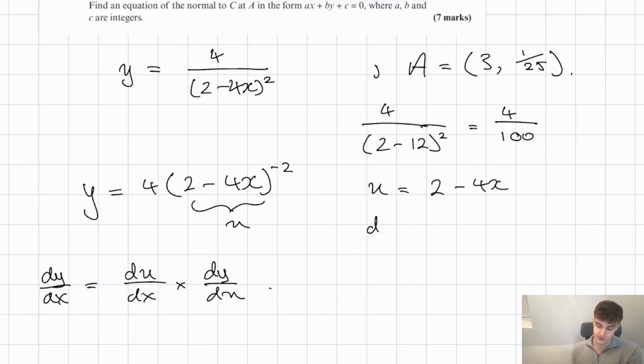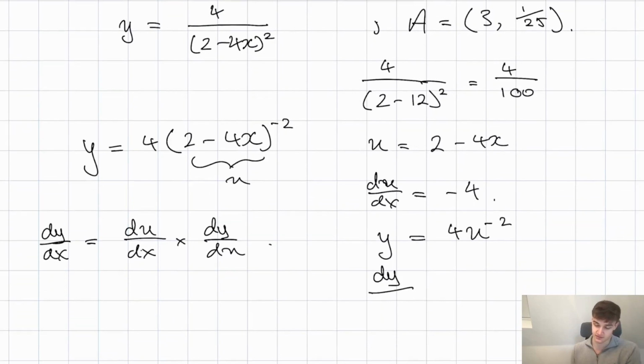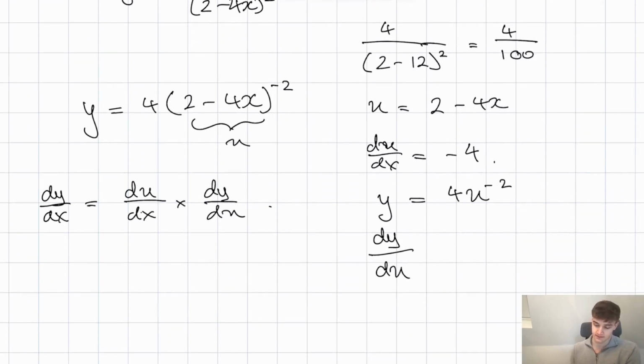So let's work out du by dx is going to be negative 4. Then let's just quickly write y in terms of u. It's going to be 4u to the minus 2. So dy by du is equal to minus 8u to the minus 3.